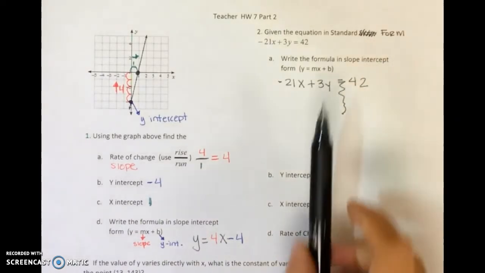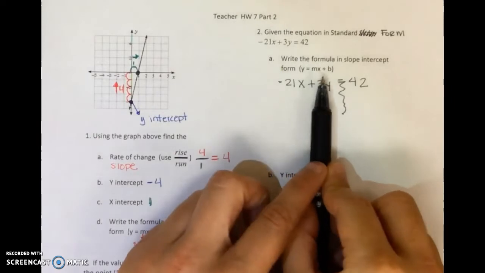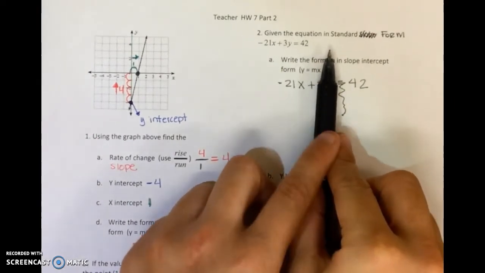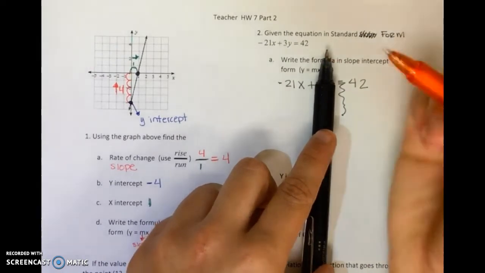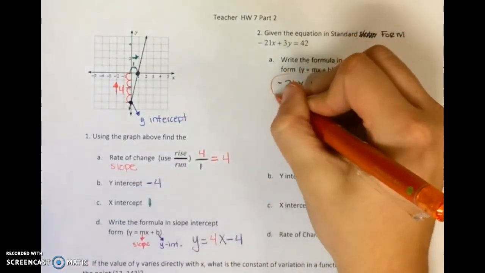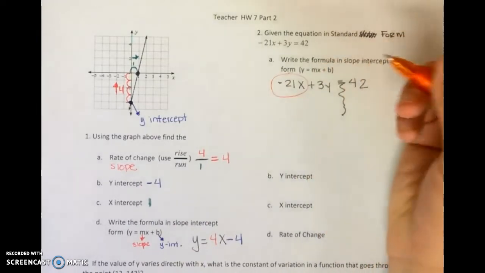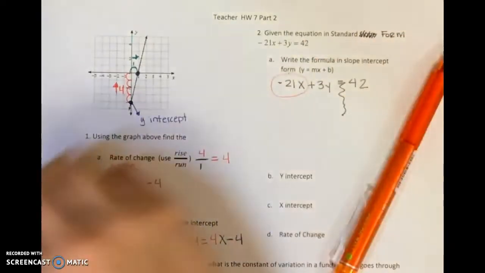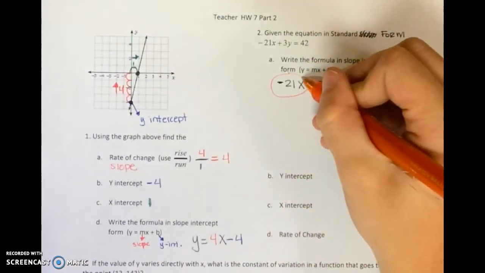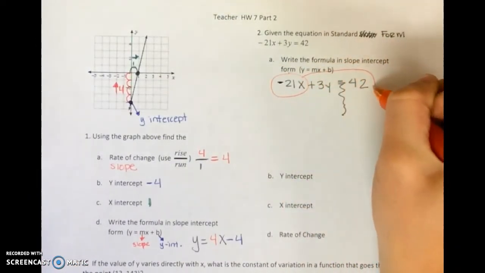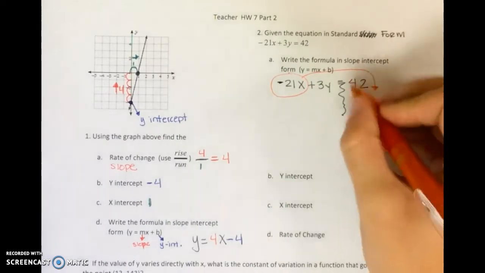Since you want the y by itself, the term that is bothering the y is that -21x. So this term needs to go to the other side. And if it's negative, that means you're taking it away, right? So when you move this entire term to the other side, make sure you add the 21.